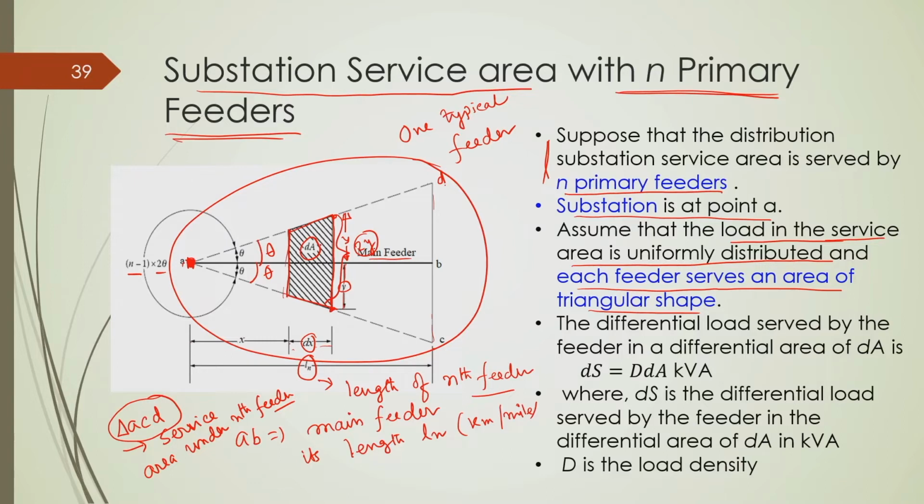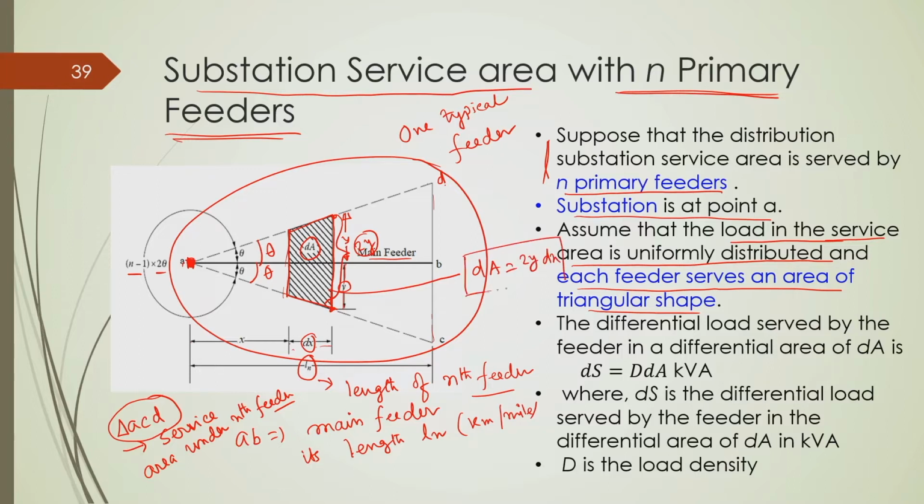Now, although this is of a trapezoidal shape, since it is infinitely small, let us assume that it is a rectangular shape. So, dA can be written in terms of y and dx as dA equals 2y dx.